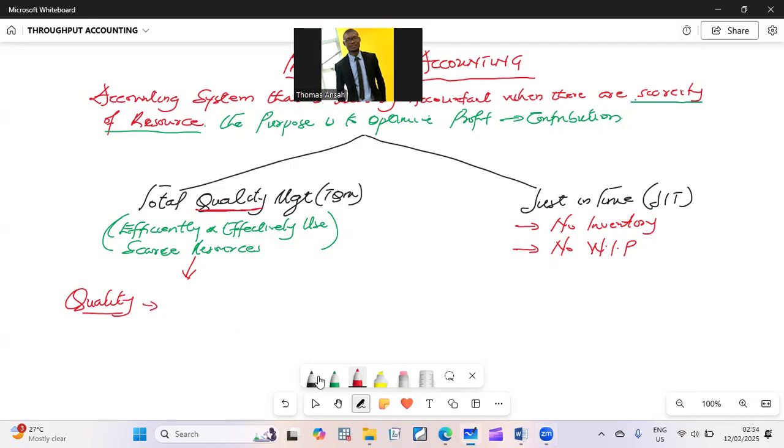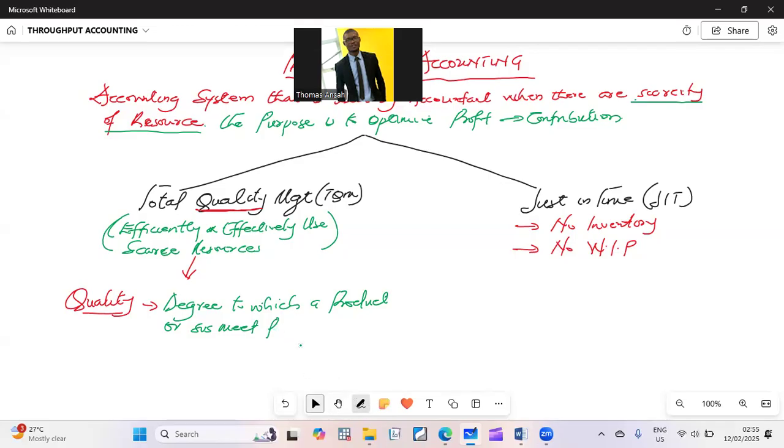So we are talking about the degree to which a product or service meets a predetermined or required standard. All right. So when we say quality, that is what we mean.